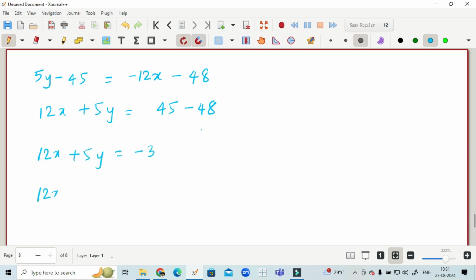So 12x plus 5y plus 3 is equal to 0 is the required equation of a straight line.